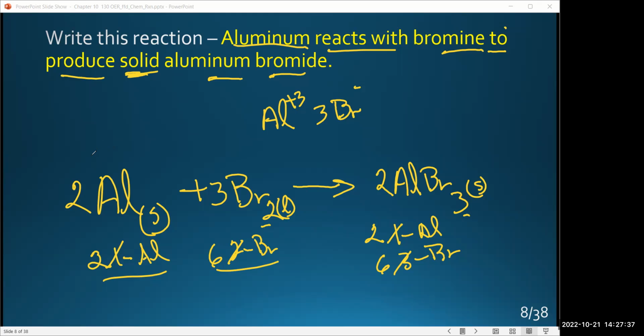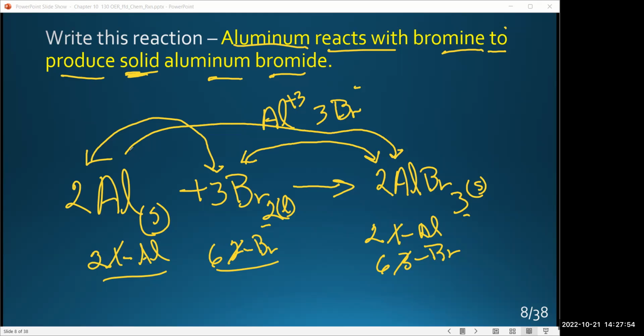Notice the ratio between aluminum and bromine. It's a 2 to 3. Okay. And then from bromine to aluminum bromide it's a 3 to 2. And from aluminum to the product, it's a 2 to 2 or a 1 to 1 relationship.